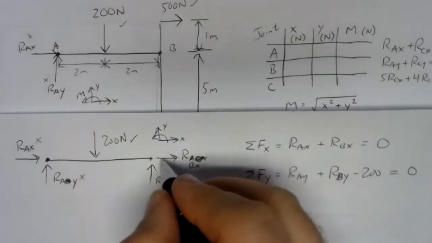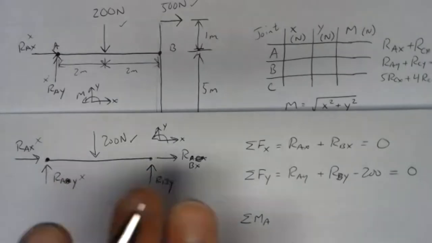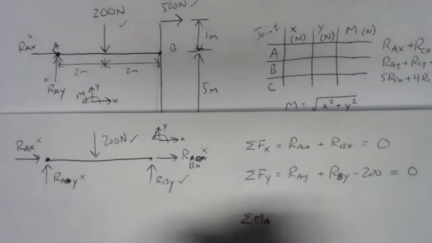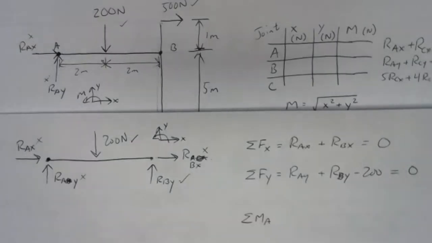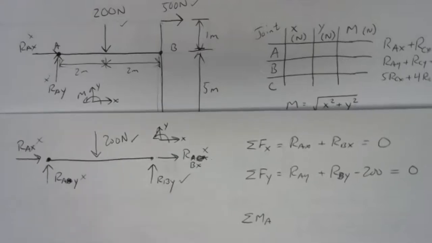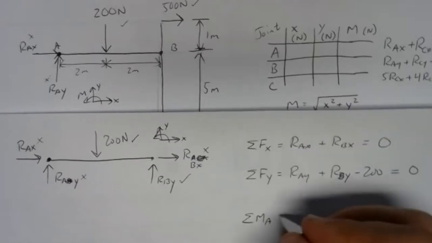RBX, the line of action of RBX shoots right through A. This is a horizontal member. So no moment there. RBY, yeah, it's definitely going to have a moment. There's only one unknown force in those two. So that means our equation of equilibrium we're going to be able to solve. We'll finally get a number that we can fill into our table. So let's see how it works.